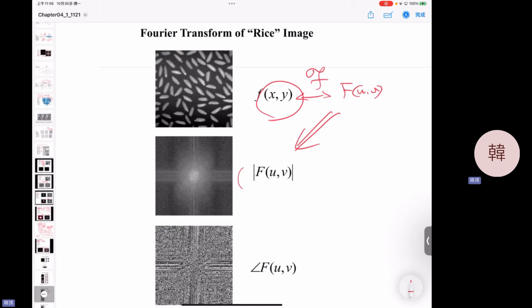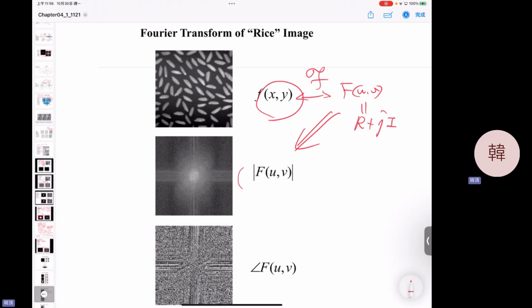So what's the result? If you know your Fourier transform, it becomes a complex number, so we can separate it into a real image and an imaginary image, the real part and the imaginary part.